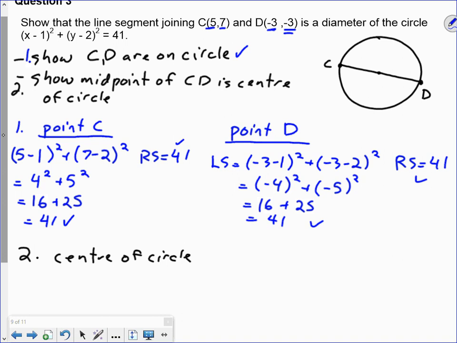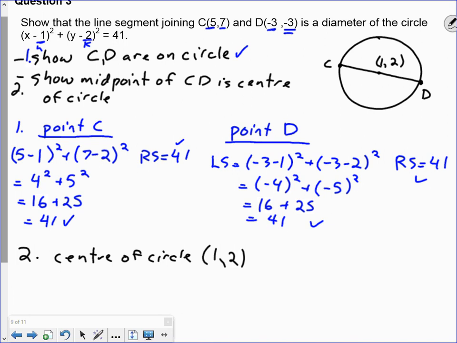But we do know that these values in here, h and k, that we're subtracting from x and y, are going to be the coordinates of the center of our circle. So the center of our circle is going to be 1, 2. Okay. So we can add that to our diagram. This is 1, 2 here in the middle.